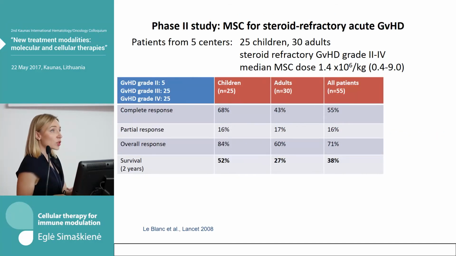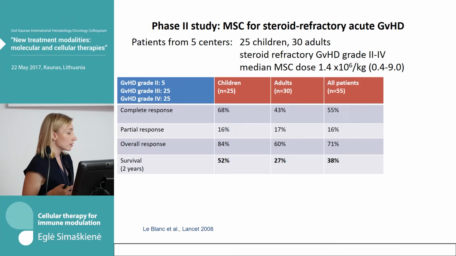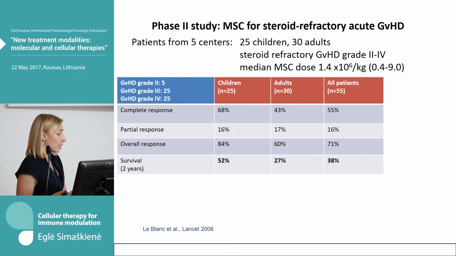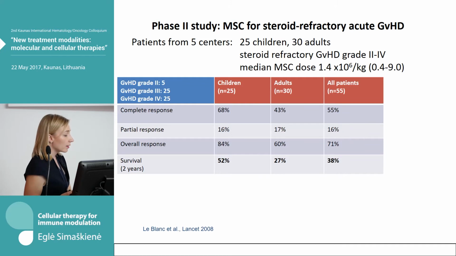Following this observation, they started a new trial with 55 patients, also with steroid-refractory acute graft-versus-host disease. Five European centers were involved in this trial. In the results, we can see that 30 patients had a complete response and 9 showed improvement.